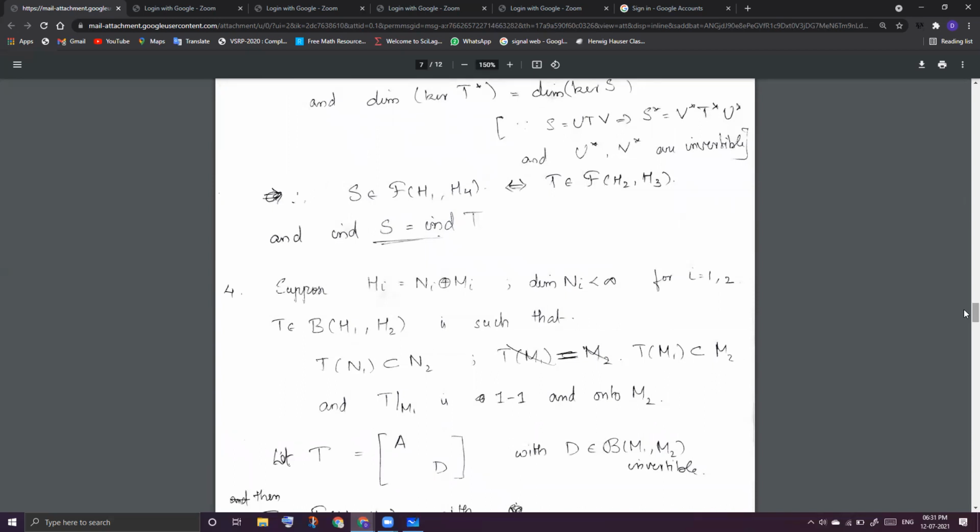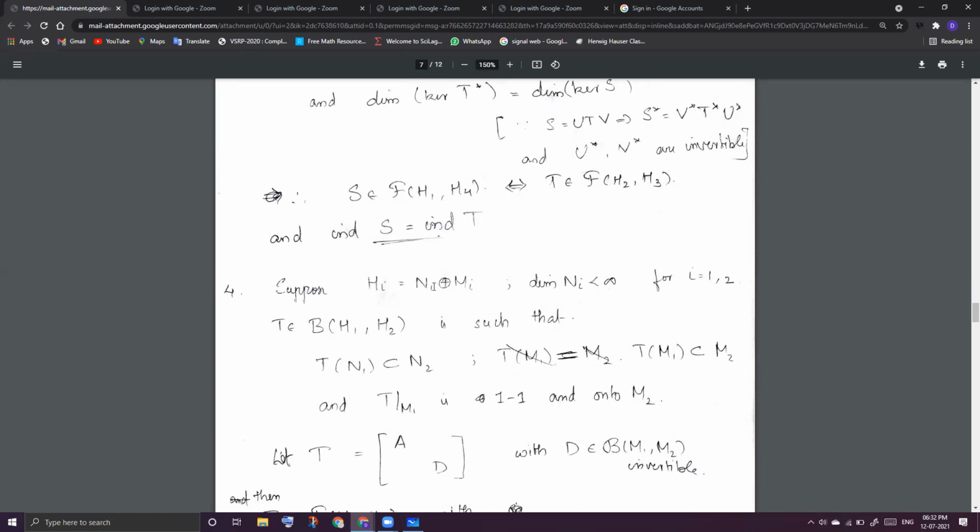So now suppose we have two Hilbert spaces H1 and H2, and H1 is the direct sum of some closed subspace N1 and closed subspace M1, such that dimension of N1 is less than infinity, so it is finite dimensional.